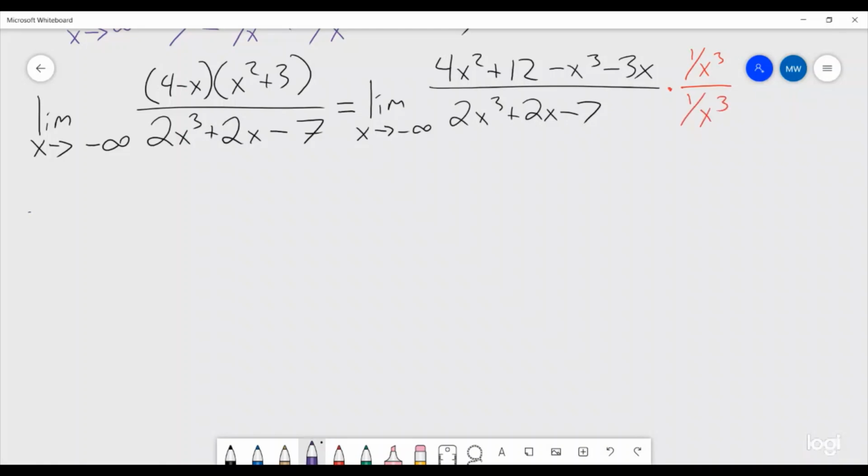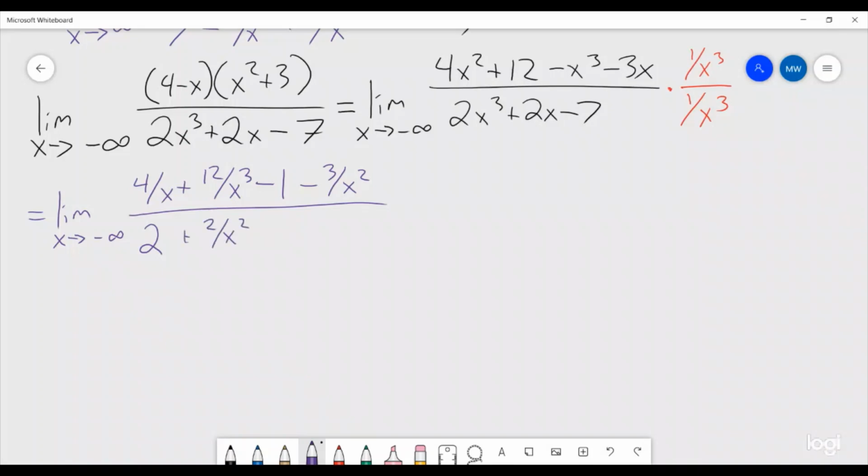In doing so, this turns into the limit as x goes to negative infinity of 4 over x plus 12 over x cubed minus 1 minus 3 over x squared, all over 2 plus 2 over x squared minus 7 over x cubed. Everything on the top goes to 0 except the minus 1, and everything on the bottom goes to 0 except the 2, so we get negative 1/2.